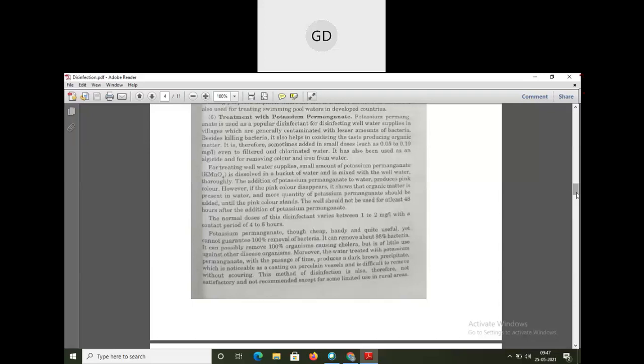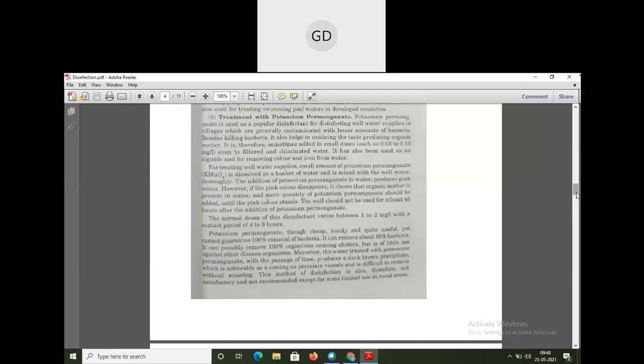Then how do you use potassium permanganate for treating the water supplies? You take a small amount of potassium permanganate, dissolve it in a bucket of water, mix it very well, and then put it in the well water.